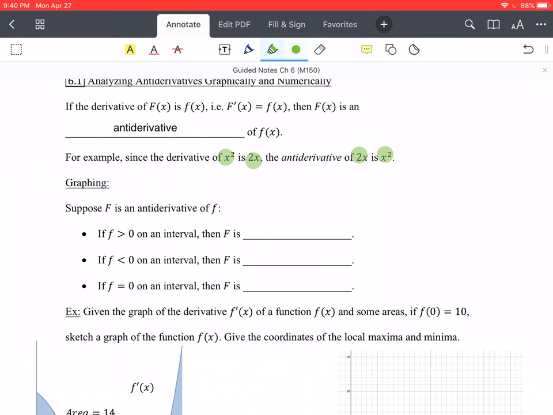Okay, so suppose big F is an antiderivative of little f. If little f is greater than 0 on an interval, so again, think about it this way. The derivative of big F is little f. So if little f is greater than 0, that means the derivative is greater than 0. So big F must be increasing on this interval.